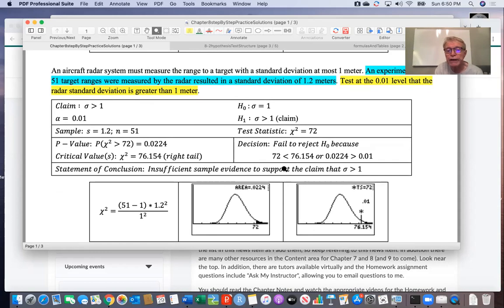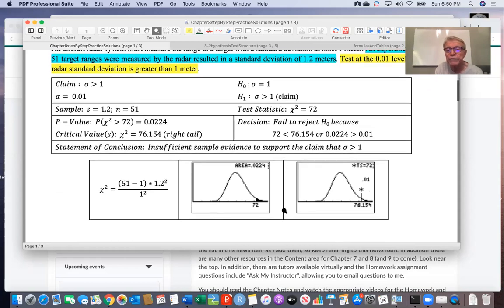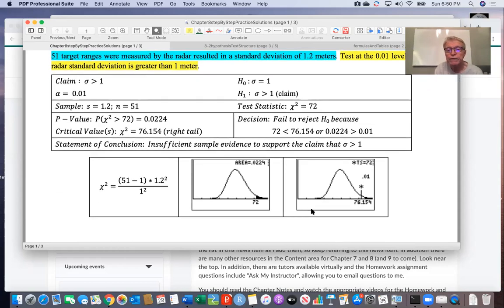That means we're going to have one critical value on the right. So we would have to go find that critical value, knowing alpha and knowing it's a right-tailed test. And we see that it is 76.154.